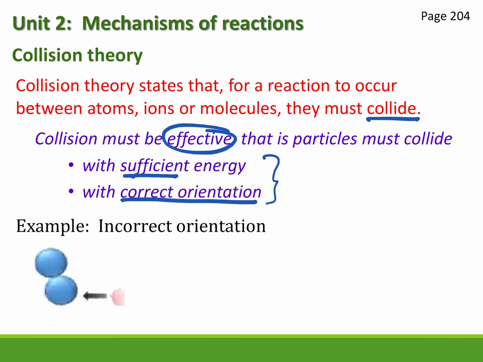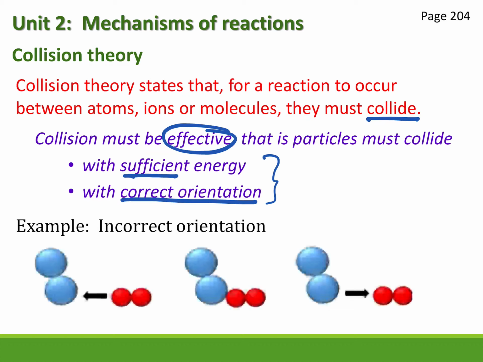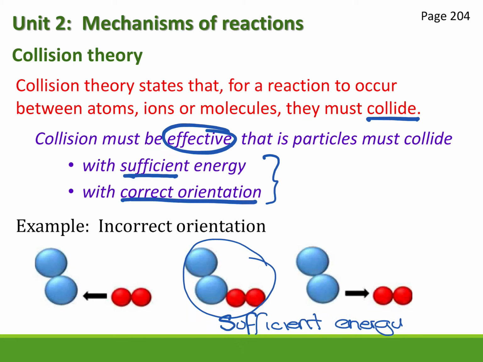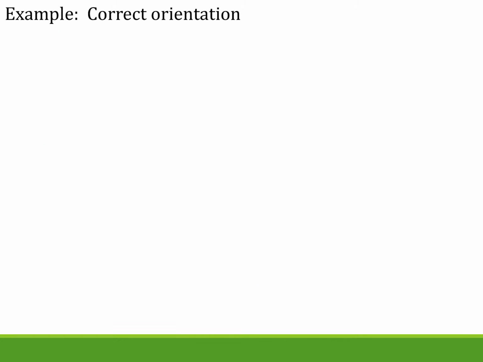So, for example, if we have incorrect orientation, when these two collide, they're going to go back to their original, just the two blue and the two red, whichever two diatomic elements they are, it doesn't matter. It doesn't matter if this collision has sufficient energy. It's not a correct collision, all right? They're not hitting each other in the correct way.